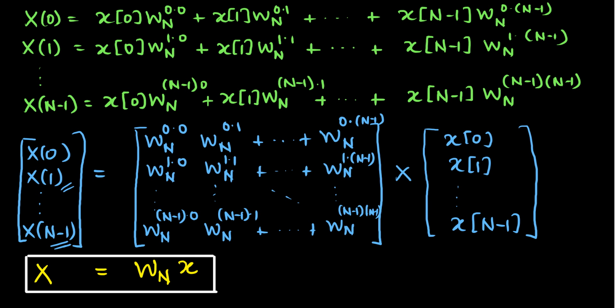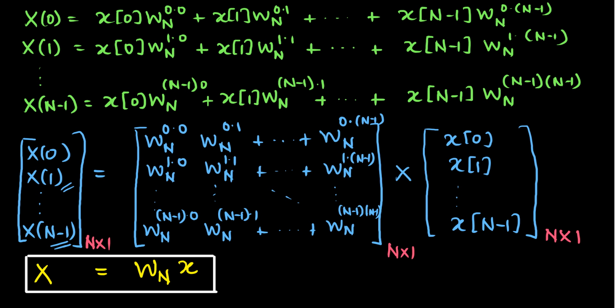Now if we observe carefully, this vector here, that is X, is n cross 1 dimension. This vector again here, that is for x of n, is n cross 1 dimension, and the matrix that we have here is of the dimension n cross n.